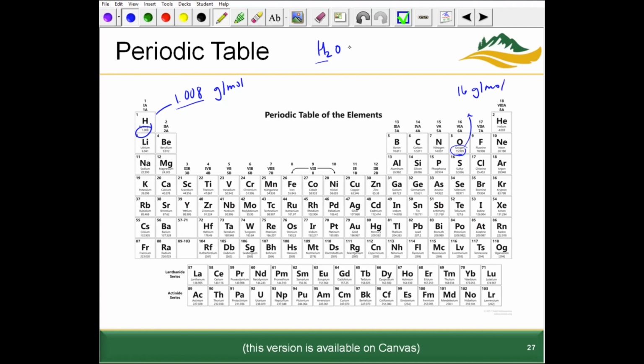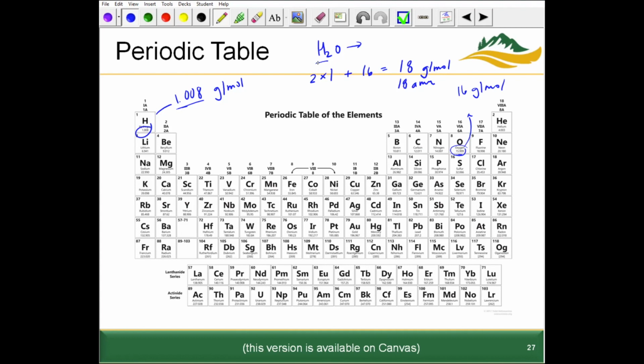For the molecular mass, or the molar mass of water, then we have 2 times about 1 plus the mass of oxygen, which is 16. This leads to water having a molecular mass or molar mass of 18 grams per mole, or 18 AMU.